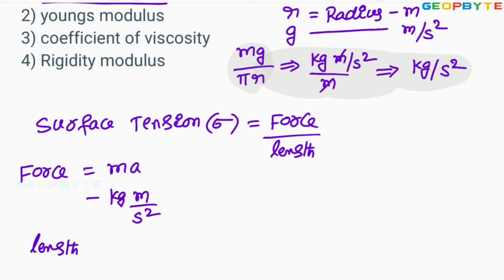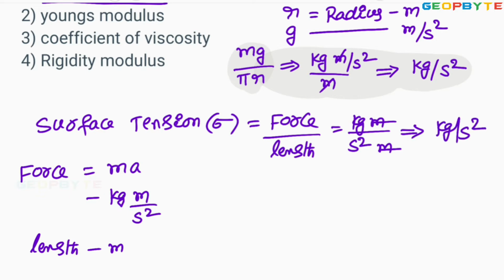Length, depth, breadth, diameter, these are all in meters. So it is equal to force unit kg meter per second square divided by meter. This meter cancelled. Finally its units is kg per second square.